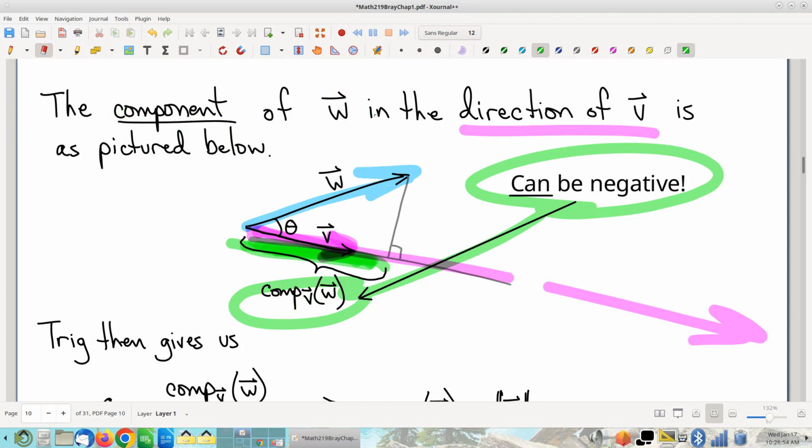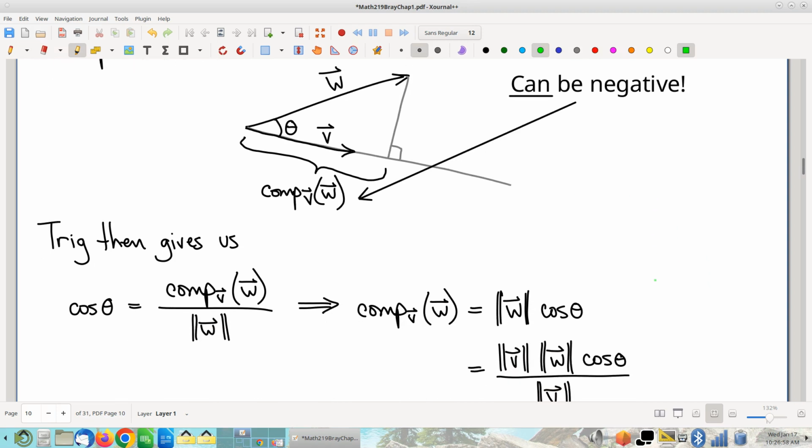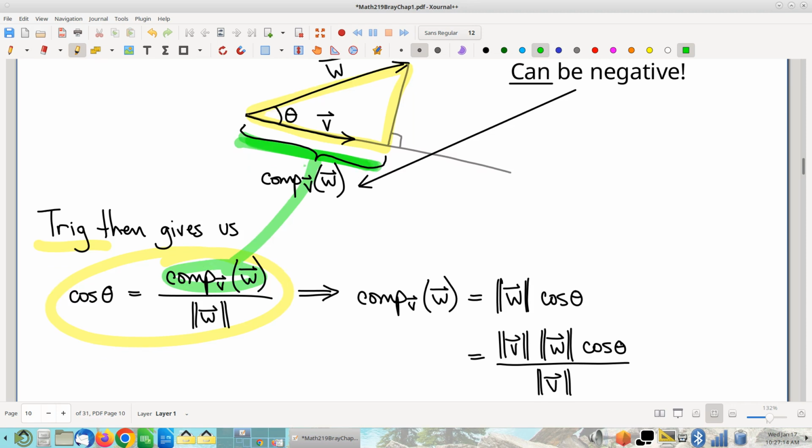Okay, so how do we compute it? Well, there's an easy formula. You'll notice that we can form this right triangle for which we can write down some trig. Notice that the component is involved in that trig, and then of course you can do a little bit of algebra.